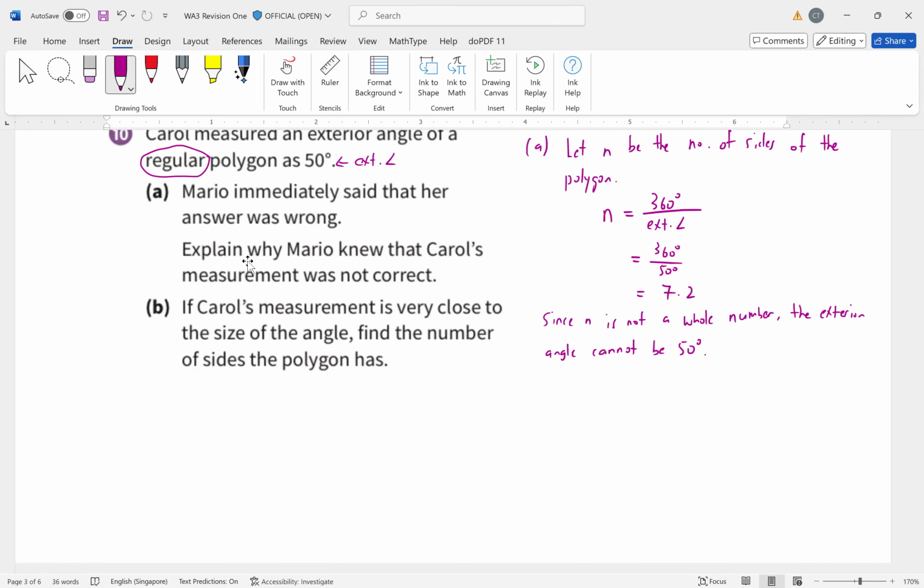Okay, if Carol's measurement is very close to the size of angle, so actually Carol, maybe she rounded off the answer. Okay, so the actual exterior angle is definitely not 50 as we had found out earlier already.